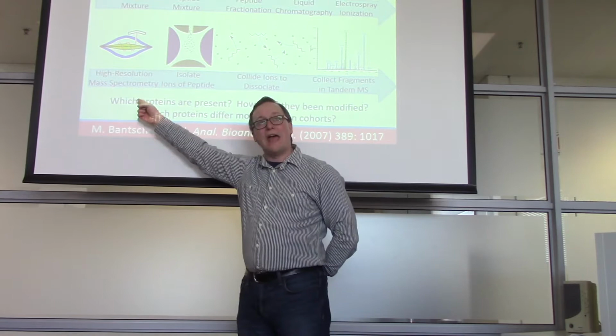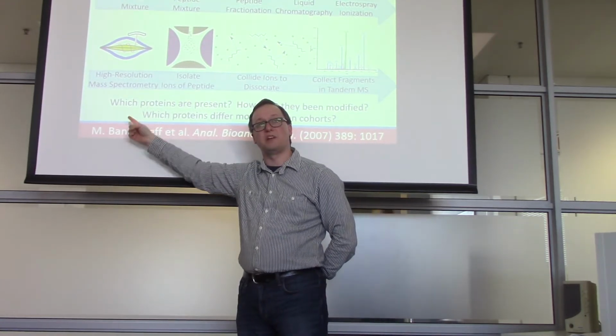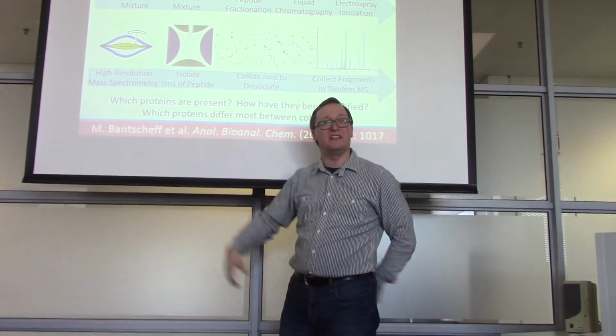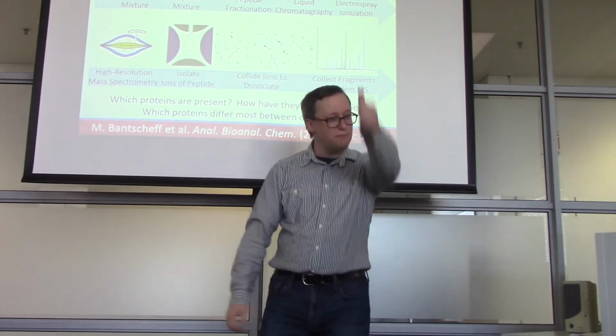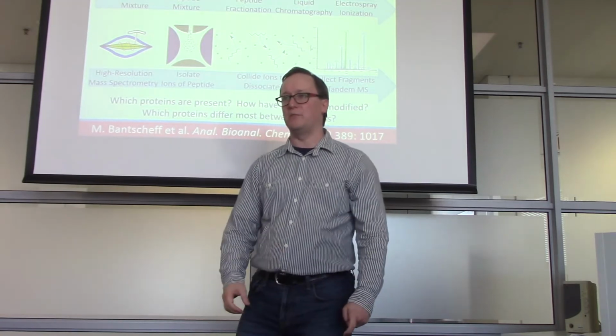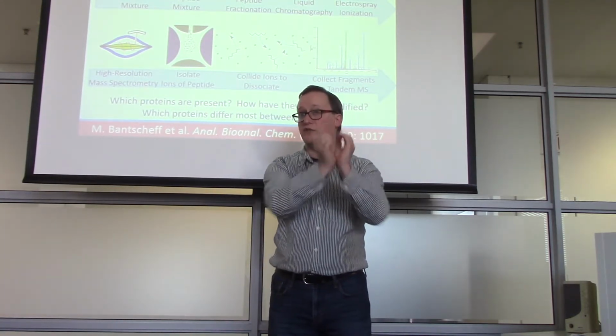Now, after we've done this, after we know what peptide masses are present in the mixture, we can set up the instrument to isolate the ions that are intense in that mass spectrum. If you see a great peptide signal over here, you say, aha, we're going to get a tandem mass spectrum of that bad boy. So we isolate a whole bunch of ions at that particular mass to charge value.